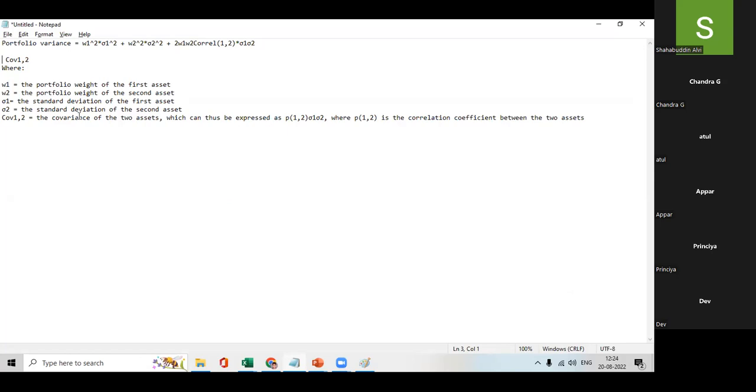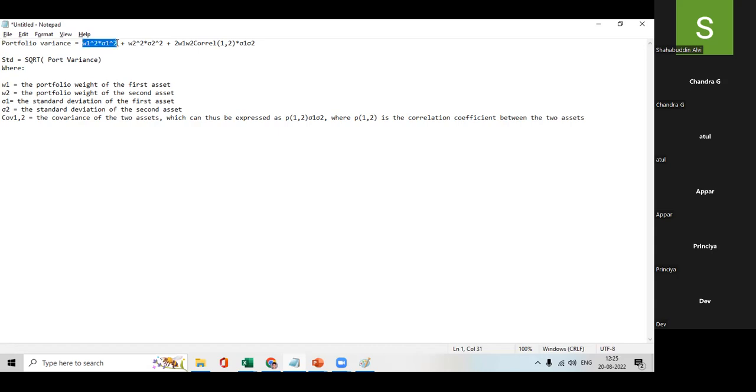Whatever you square, into another square, it's a positive number, right?